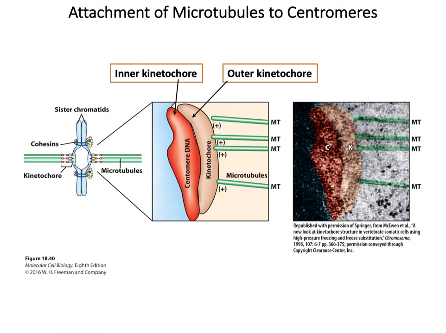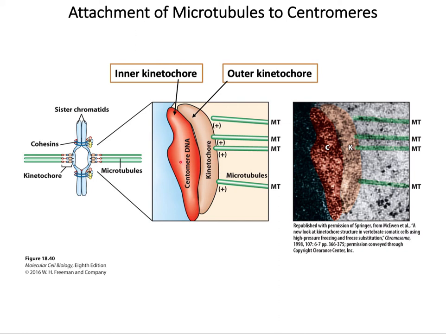Now let's take a look closely at how these microtubules are attached to this kinetochore region or the centromeric region of the chromosome. To be clear, the kinetochore region is the protein structure on the chromosome or on the sister chromatids where the spindle fibers or the microtubules attach during the cell division. So here is a detail of this chromosome.